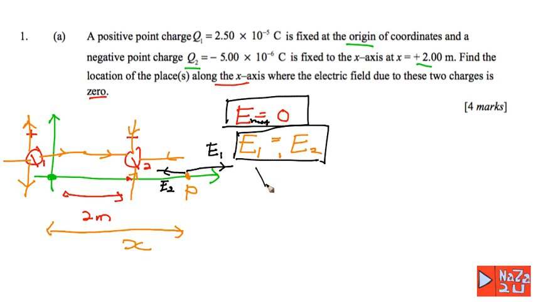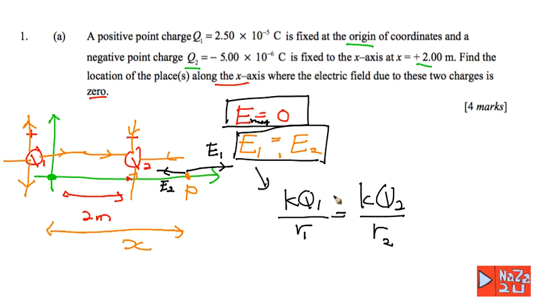So the equation for the electric field is E1 equals K Q1 over R1, and E2 is K Q2 over R2. Now you can use the value of K, which is a constant, and the value of Q1 is 2.5 × 10^-5, and Q2 is 5 × 10^-6.